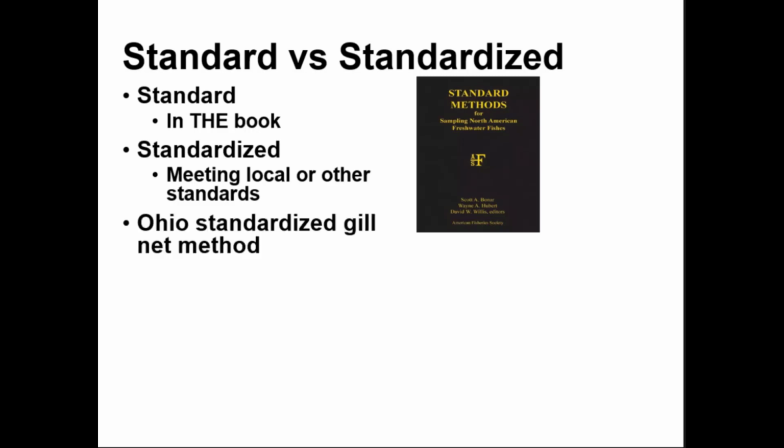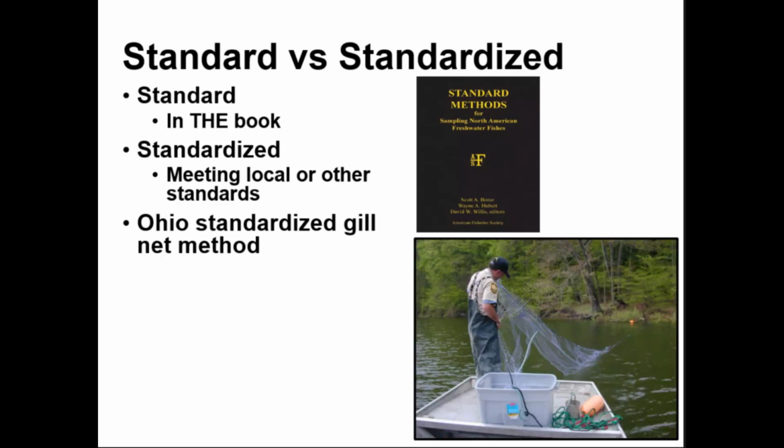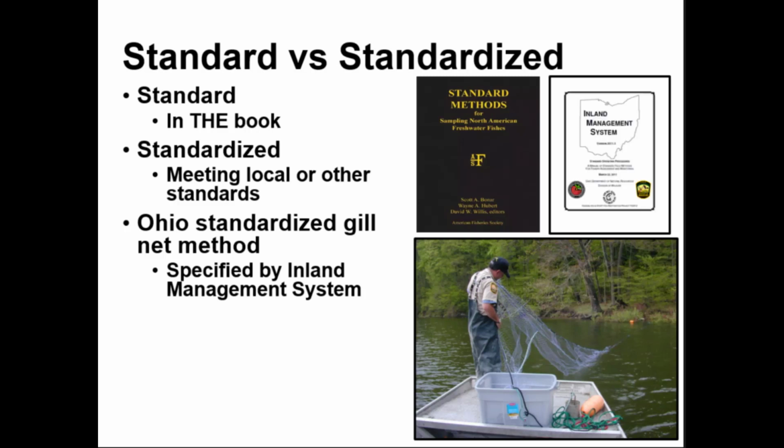So Ohio has been using a standardized gill net method, which is specified by our inland management system, which is the framework for collecting, storing, and using fisheries data in Ohio. And like the standard gill net method, we had historically used this standardized gill net method to sample channel catfish.